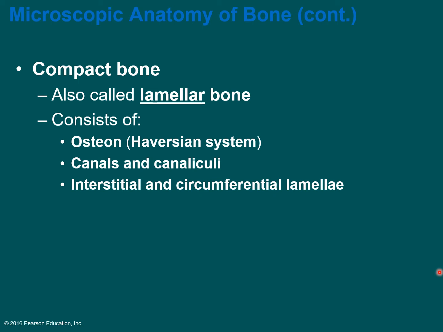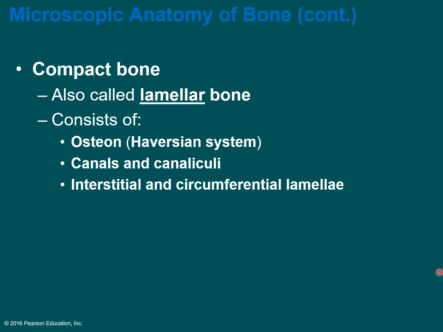Just to give you an idea, one of the stimuli that it may be receiving is the concentration of calcium in your blood. That's a huge thing that is involved with this balance between the osteoclast and the osteoblast, because excess calcium is stored in the bone matrix.